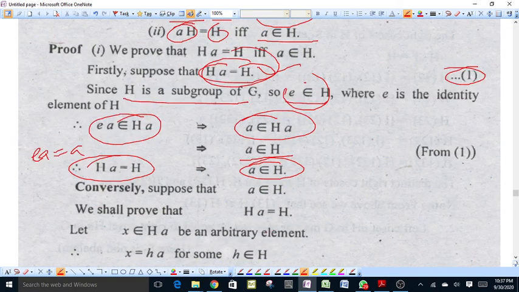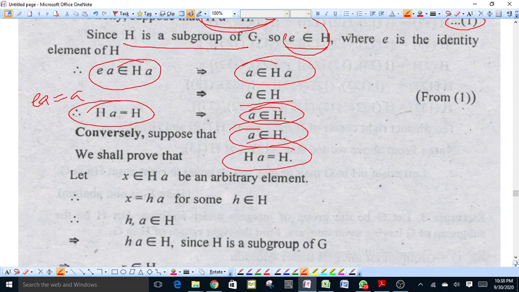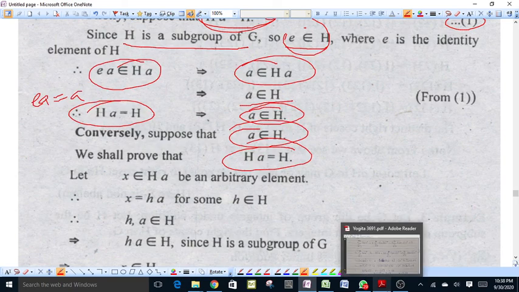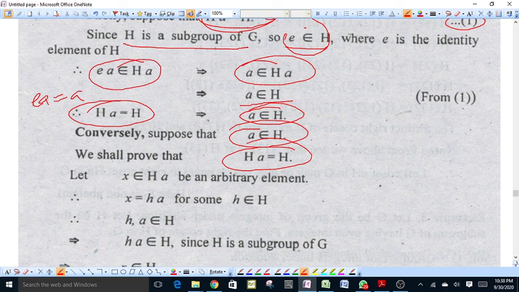Now conversely, suppose that a is an element of capital H. Then we shall prove that H = Ha. Let us take an arbitrary element x belonging to Ha.